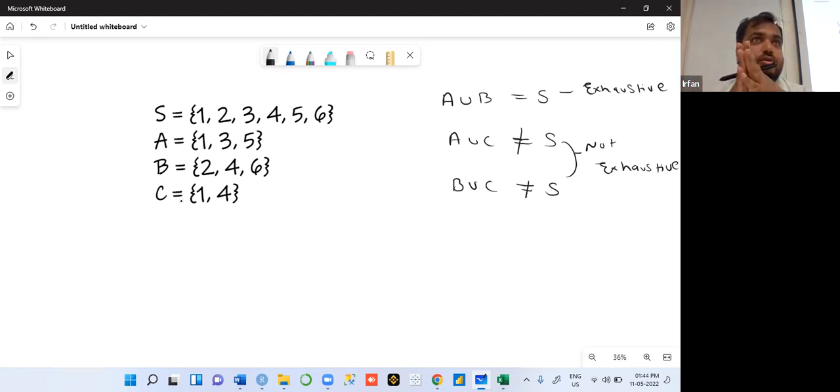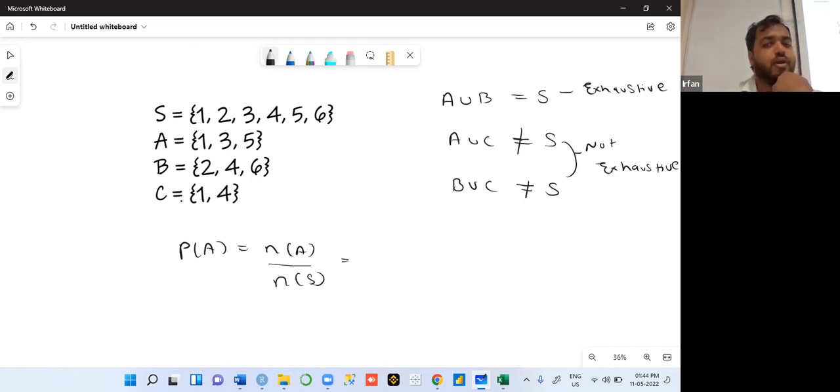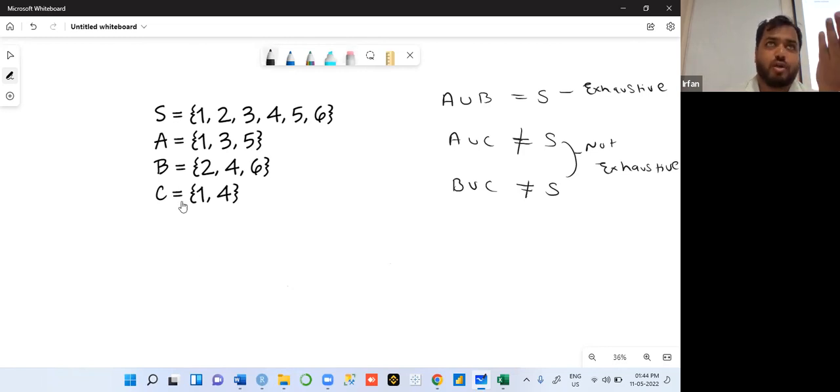Event means what we need to find. And probability of A, like even or odd: probability of A is equal to N of A upon N of S. Can we call S the total, and A comes from S only? Yes. What is the meaning of complementary? If A is odd, the opposite of A becomes the complementary.